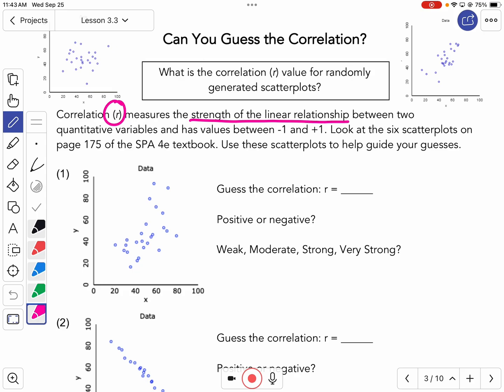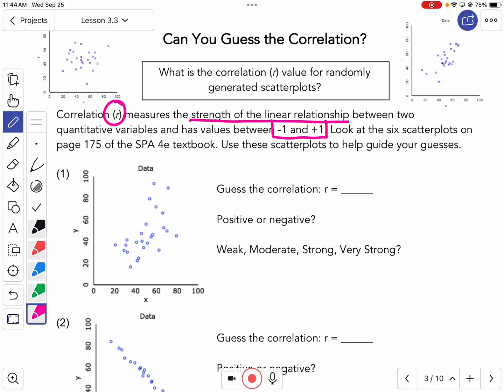How strong is that linear relationship in my scatter plot? It goes on to tell me that it falls somewhere between -1 and +1. So this R number that we're going to get is going to fall somewhere between -1 and +1.